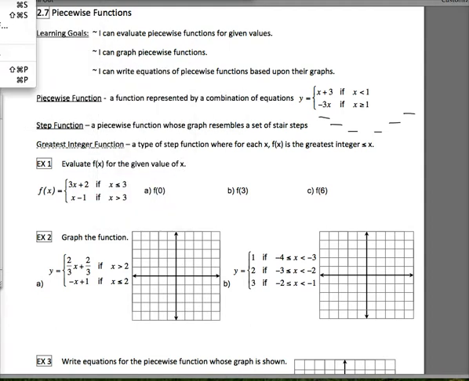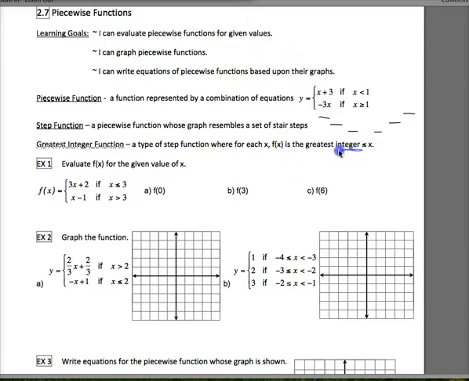Okay, so let's talk about the last definition, greatest integer function. It's a specific type of step function where for each value of x that you're looking at, you assign f of x, instead of assigning it to just a random x plus 3 or negative 3x, you assign it to whatever the greatest integer is that is less than or equal to x.